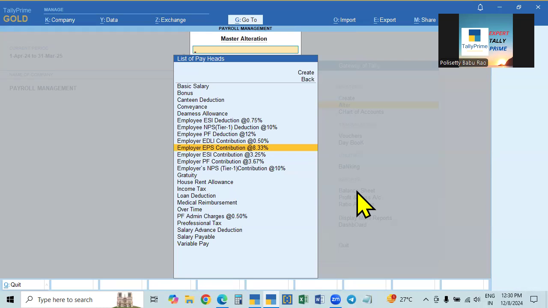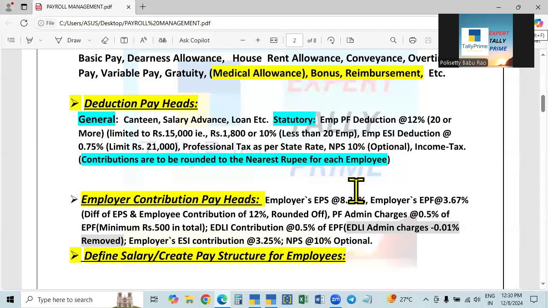But the employer part of 12% is not all contributed towards the provident fund. It is the same 12%, but not the total 12% will be contributed to provident fund. It will be divided into two.